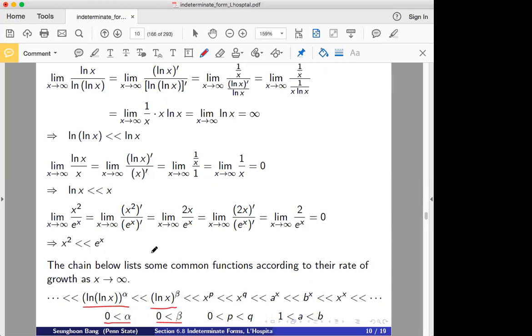So what does it mean? Like this one, ln of x to the power 0.01. This is not 0.01. So like this one, 1,000.